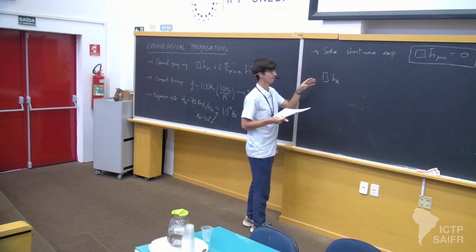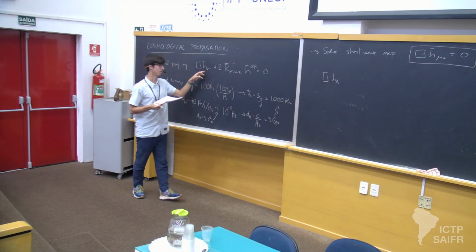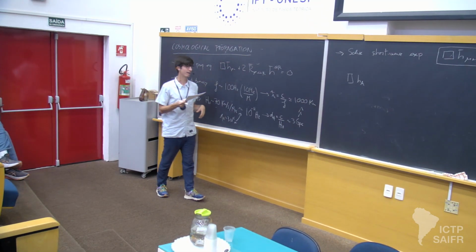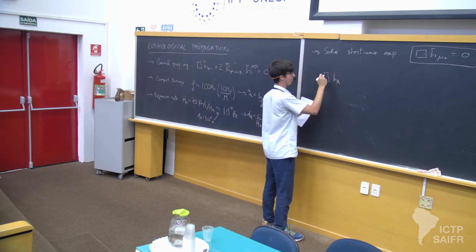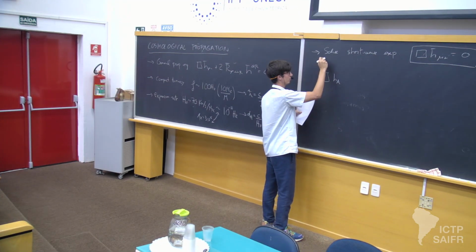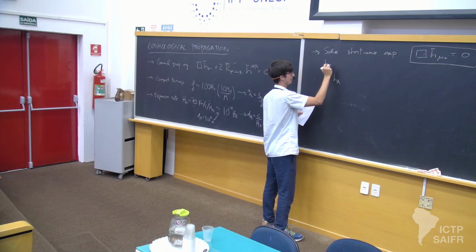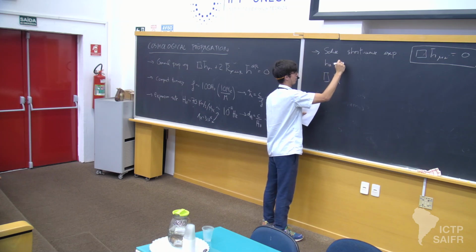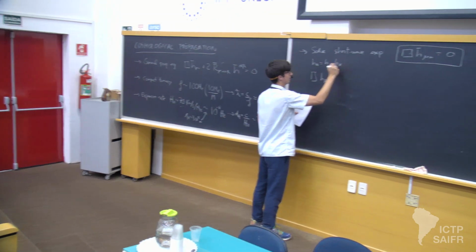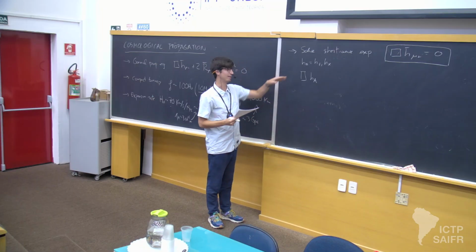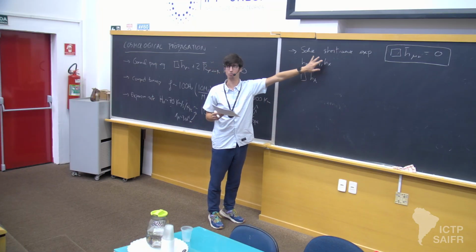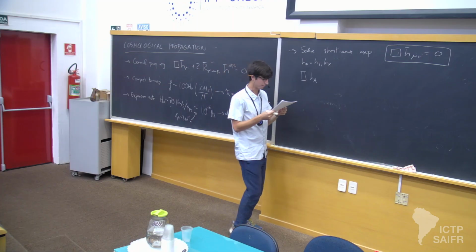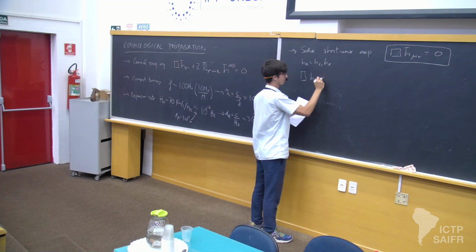So there is no mixing of polarizations. We can solve the equation for the polarizations h plus and h cross independently, so I'm just going to call it h_A, referring to one or the other.